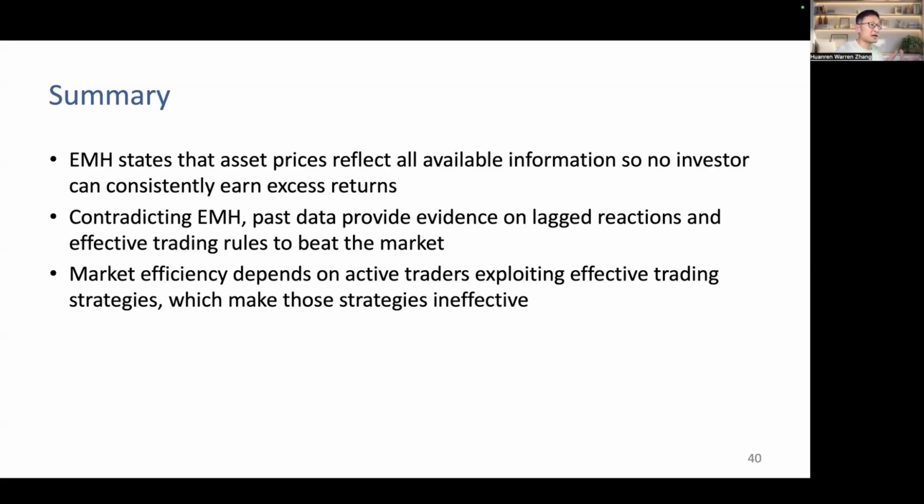But the very act of using and applying those trading strategies makes those strategies ineffective. So that is the paradox, right? But the efficient market hypothesis does have its valid point, which is that it's very difficult to beat the market, right? Not impossible, but very difficult. Right? That concludes our discussion today.